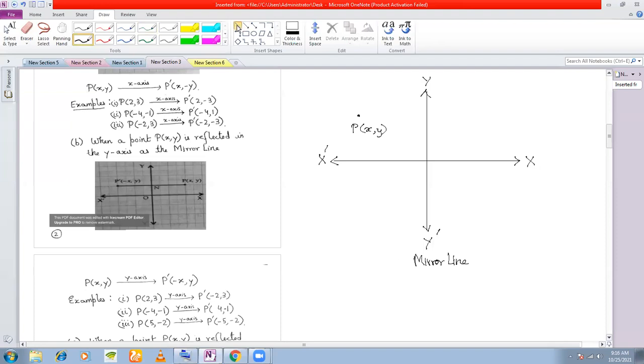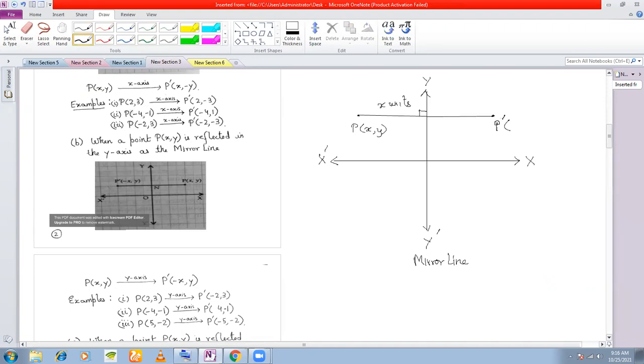From P you drop a perpendicular, again preferably a dotted line. What is this distance here? This distance has to be x units, because the coordinate is (x, y). And now from here you extend this line only till x units to get a point P dash, which is the image of P.